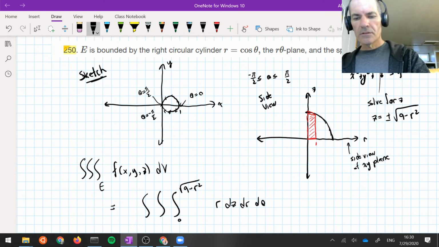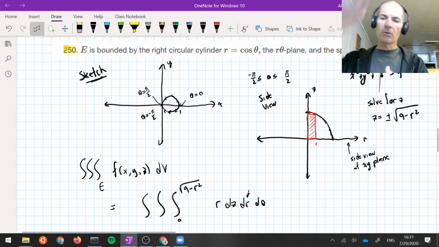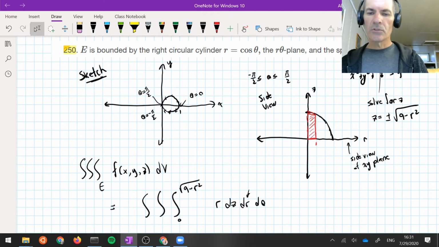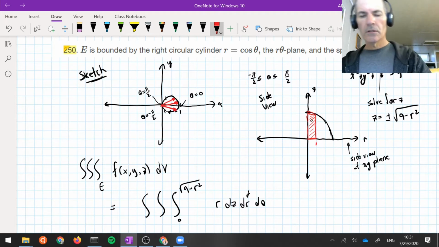Okay, moving to the next variable, r. We're going to focus just in the xy plane now. We've accounted for the z direction, so we're going to squash the red volume down onto the remaining two variables, r and theta. R is always going to start at the origin and go out to the curve.